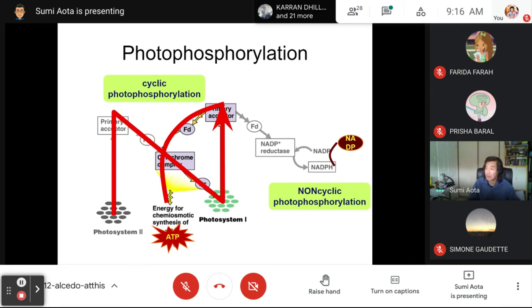Any power requiring process in the cell, it'll just take that excess ATP and use it for whatever it needs to use it for. It can dump it into synthesis, it can dump it into chemical reactions, do whatever it needs to. It's not just splitting of water. It's just ATP, right? So that's another way of using up the excess ATP if it makes too much using this process.